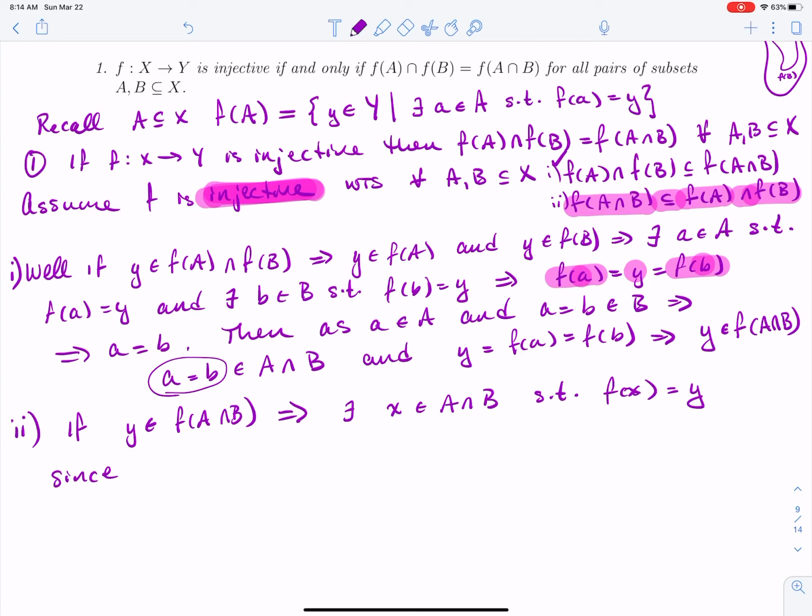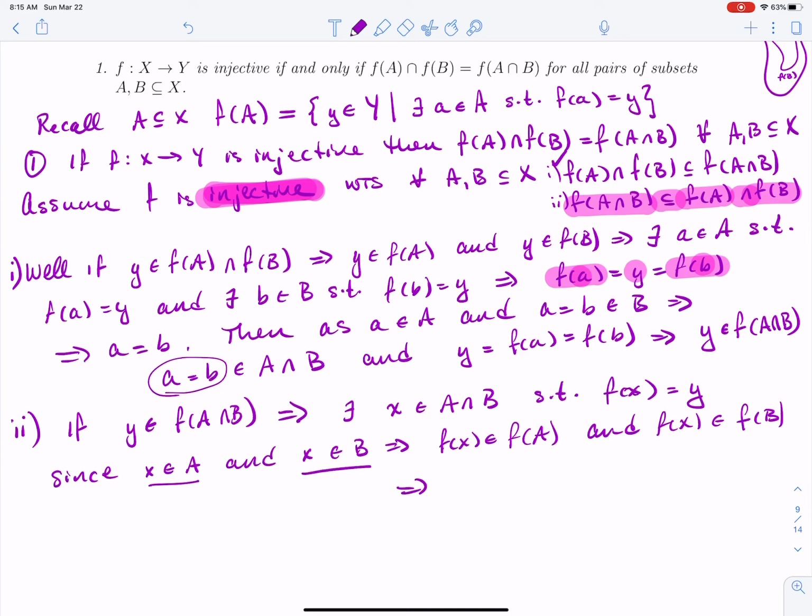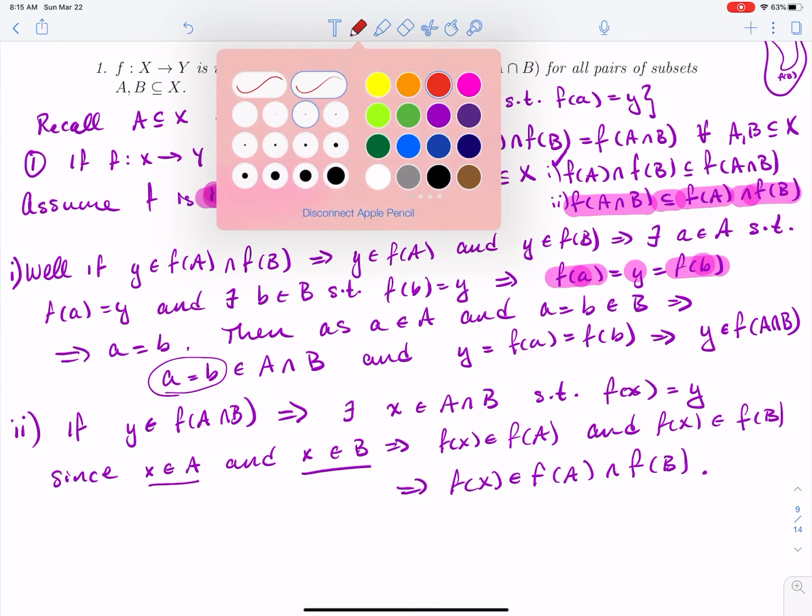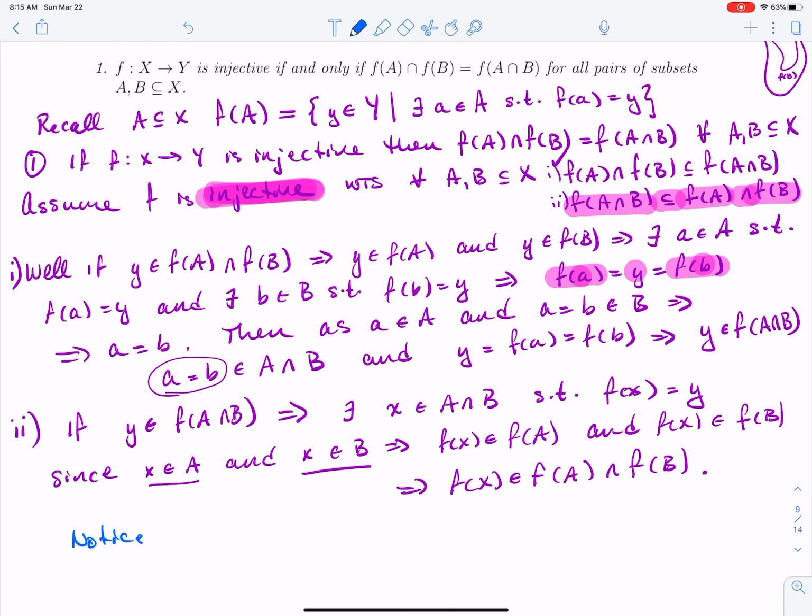Since x is contained in A and x is contained in B, that tells me that f of x is contained in f of A, because it's the image of something in A, and f of x is contained in the image of B, because x is also in B. And that tells me that f of x is contained in f of A intersect f of B. And notice that in this argument, let's use blue, for part II, we did not need f to be injective.